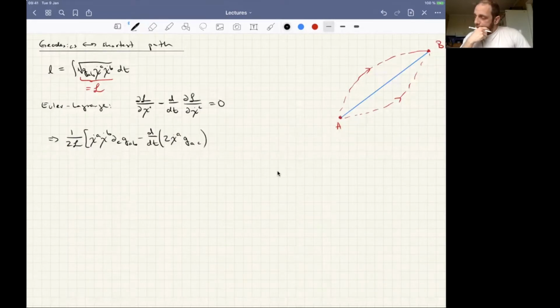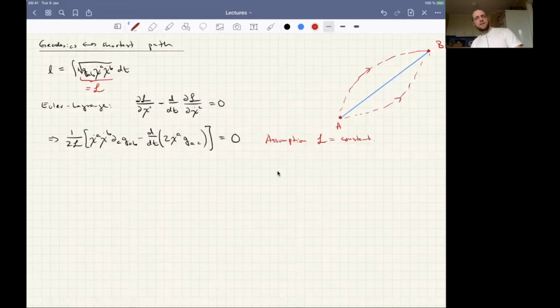Okay, so I have now made one small assumption, and that's the following: that L is constant.